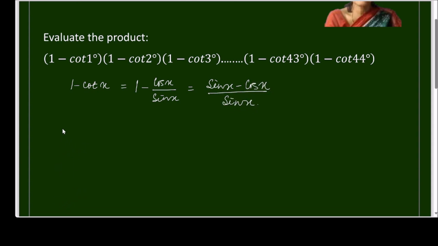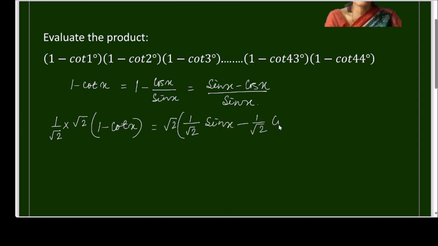So if I multiply by square root 2 and divide by square root 2 in this 1 minus cot x, then the numerator will be root 2 multiplied by 1 by root 2 sin x minus 1 by root 2 cos x, whole upon sin x.